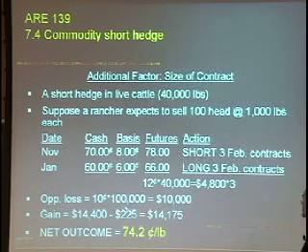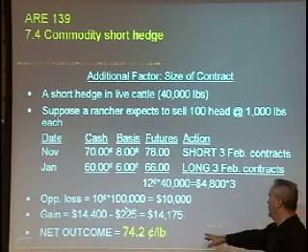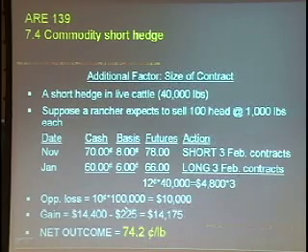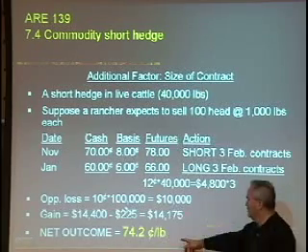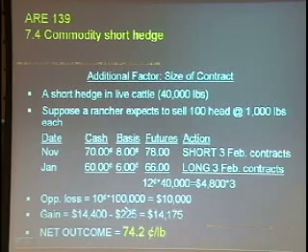The gain on the futures is $14,400. We subtract our brokerage fee, and that gives us $14,175. And this thing in yellow, I will always ask you that question: what's the final price received or the final price paid? If you're short in the cash market, I'll ask you what was your final price paid, because you'll be buying whatever it is in the future.